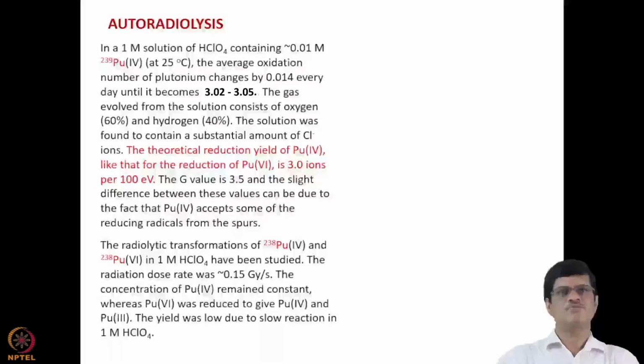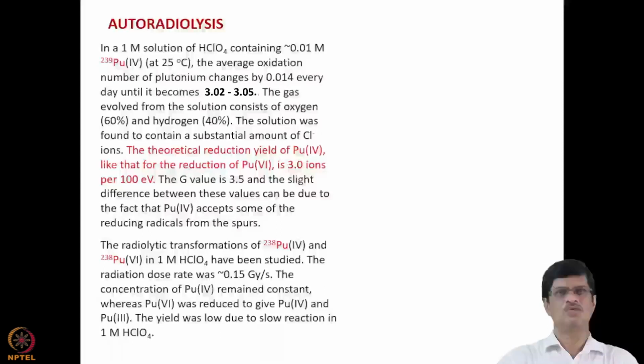The gas evolved from this solution, which consists of oxygen and hydrogen, is coming from the radiolysis of water. And also the solution is found to contain a substantial amount of chloride ion, which is coming from the radiolysis of perchloric acid.